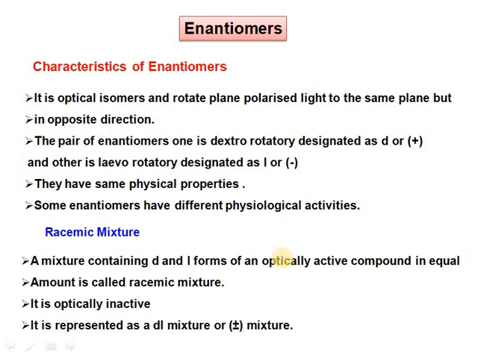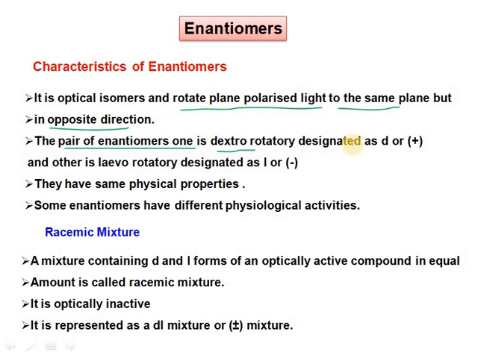Now we have seen some characteristics of enantiomers. First, they rotate plane polarized light through the same angle but in opposite directions. Second, a pair of enantiomers is formed.